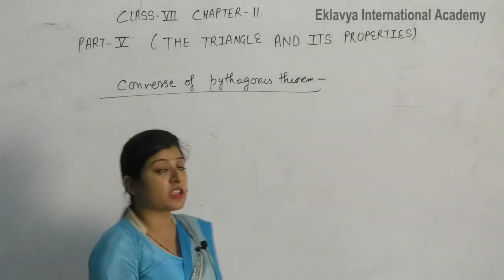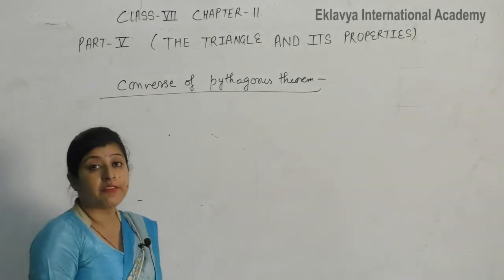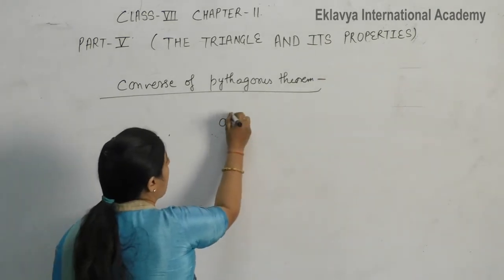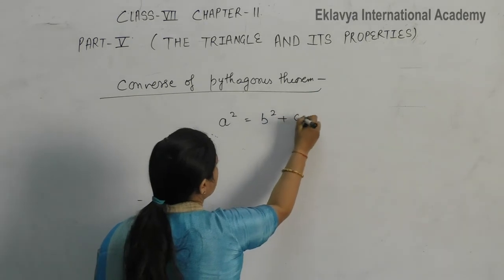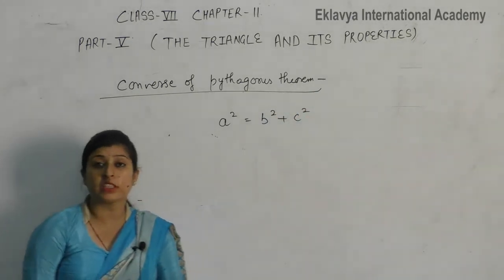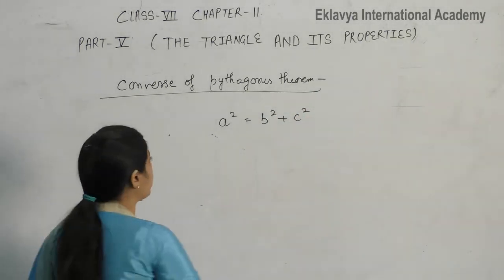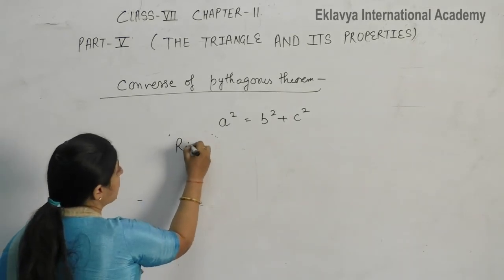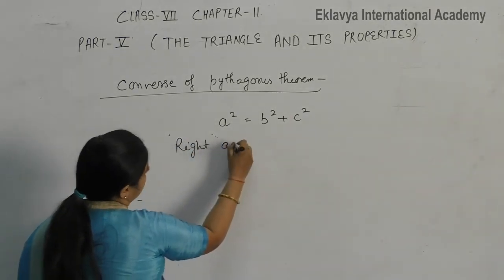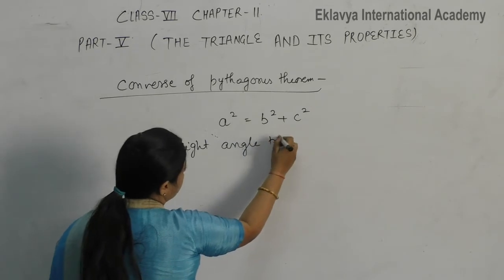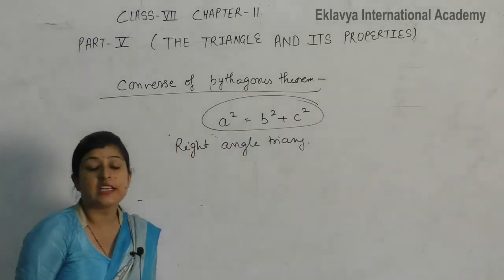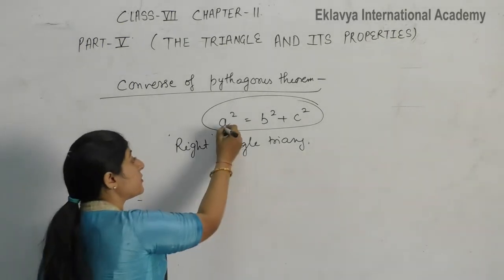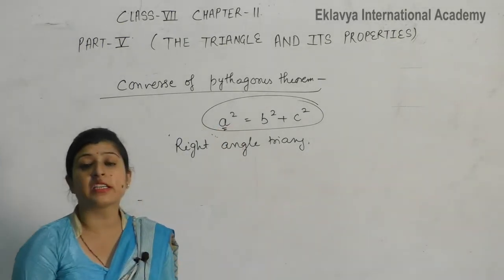Converse of Pythagoras theorem means if we prove that hypotenuse square or longest side square is the sum of the squares of the other two sides, then it means the given triangle is a right angle triangle. It means any triangle if it satisfies this one condition, then its longest side is the hypotenuse.